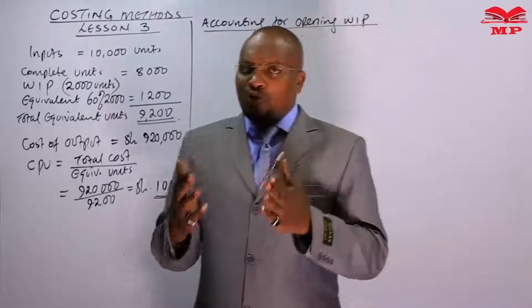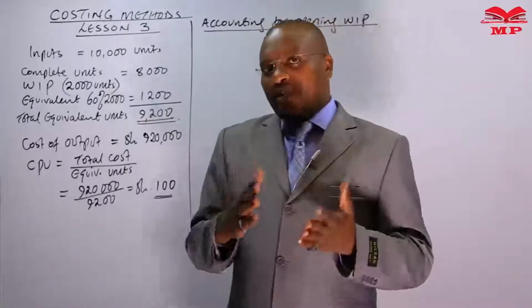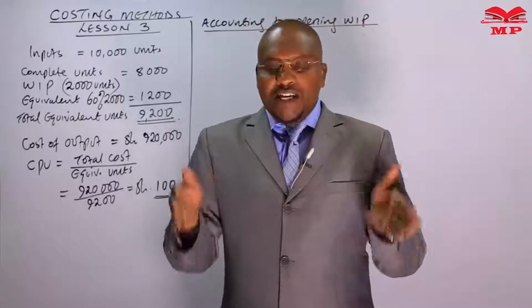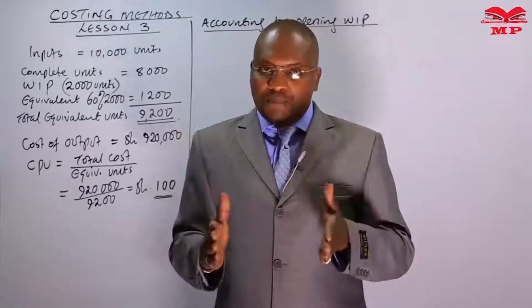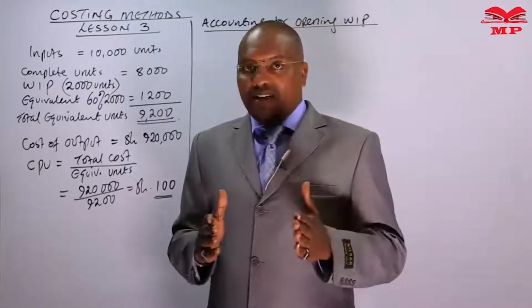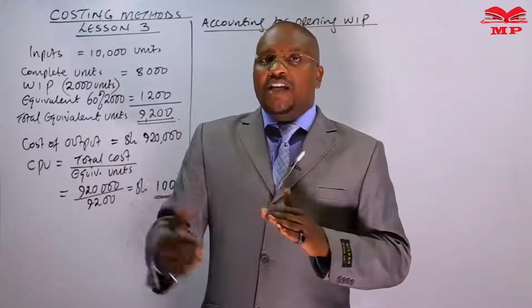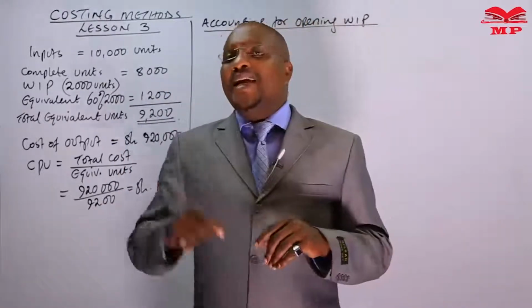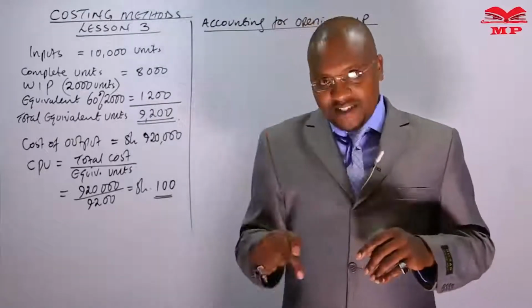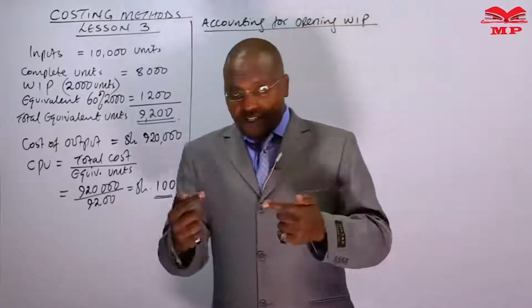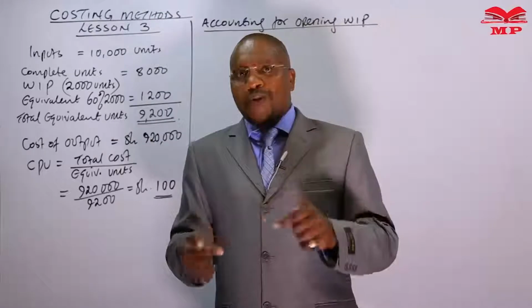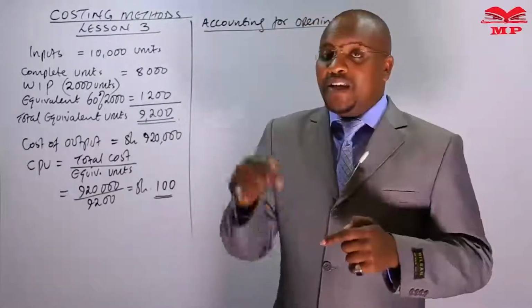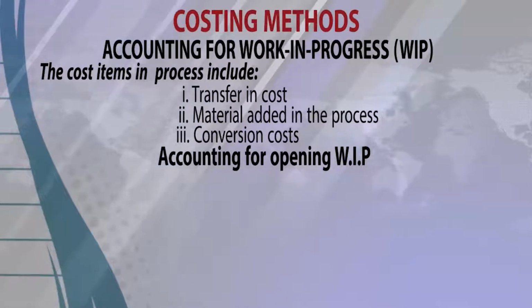Now, the issue of opening work in progress is about period. In the same process, at the beginning of the process and at the end of the process, if at the end of the process there are some units which are not completed, they remain in the same process, and in the next period, in the same process, we'll begin with them. We'll be having them in the process account.